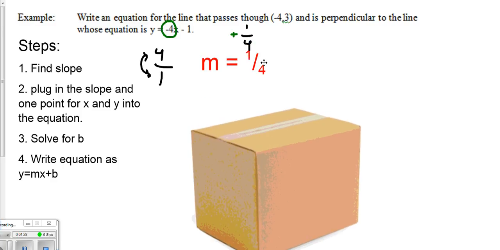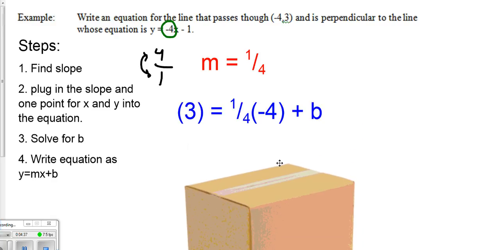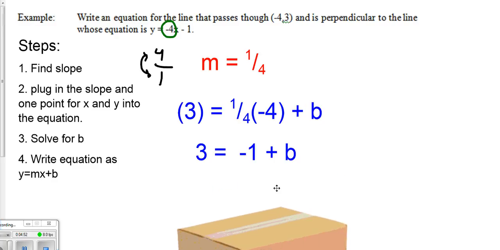The slope we're using, I guess I can erase this now, is 1/4. We're going to plug that slope and that point into our y equals mx plus b. So 3 equals 1/4 times x, which is -4, all of that plus b. 1/4 of -4 is just -1, so 3 equals -1 plus b.